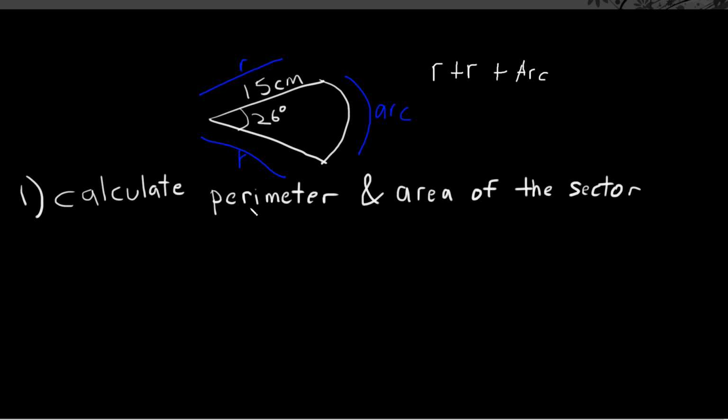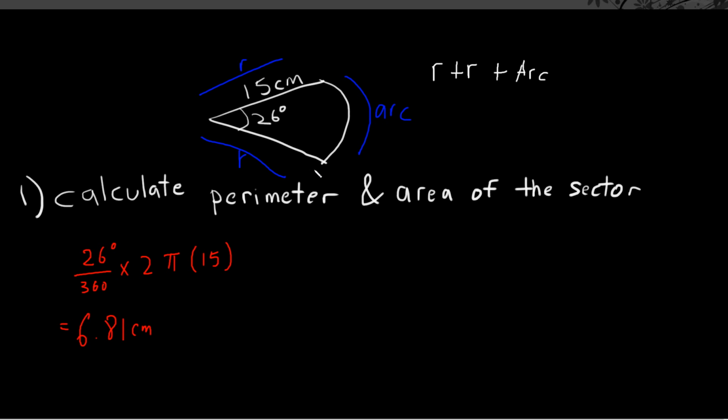In order to calculate the perimeter, first you need to calculate the arc. The arc would be 26 degrees over 360 degrees times 2 pi r. Now input this into your calculator: 2 times pi times 15 times 26 over 360. You should have gotten 6.81 cm.